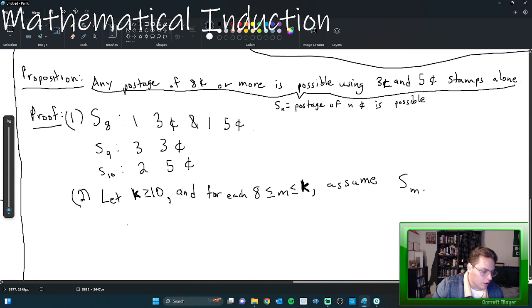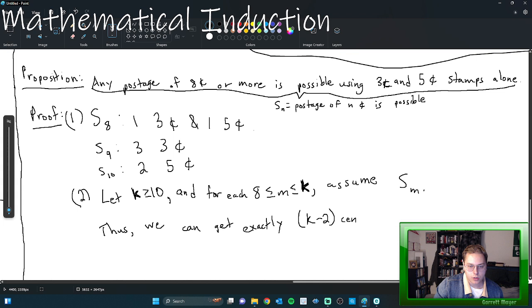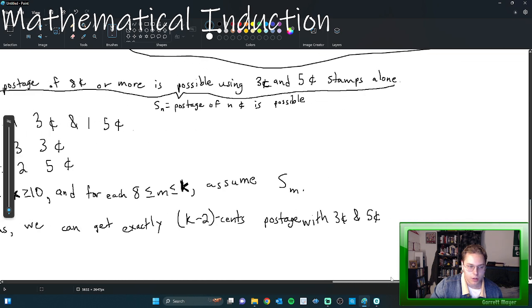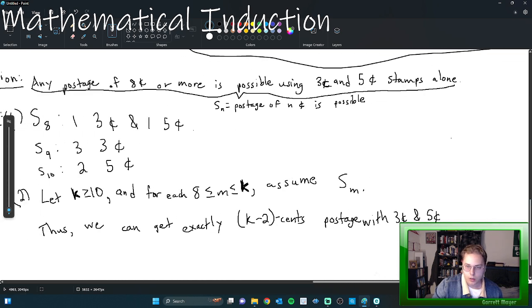Now, this means that we can get exactly k minus 2 cents postage with 3-cent and 5-cent stamps.